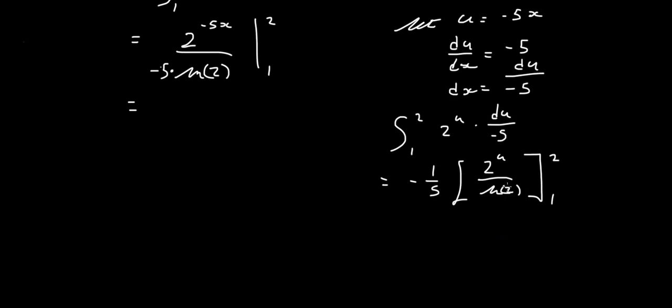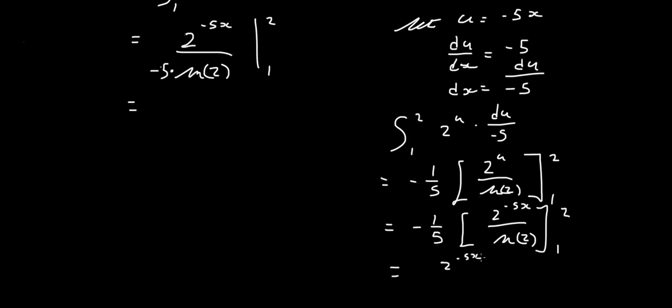And then we need to substitute back and put it in terms of x, so minus 1 over 5, 2 to the minus 5x over ln of 2, evaluated from 1 to 2, which is equal to 2 to the minus 5x over minus 5 ln 2, evaluated from 1 to 2. And you see how those answers are the same, so I wasn't lying to you.